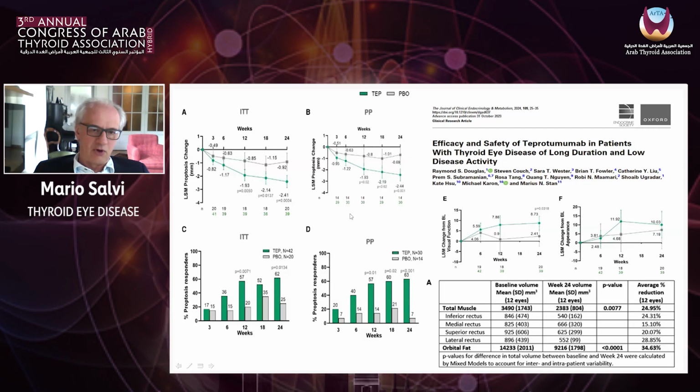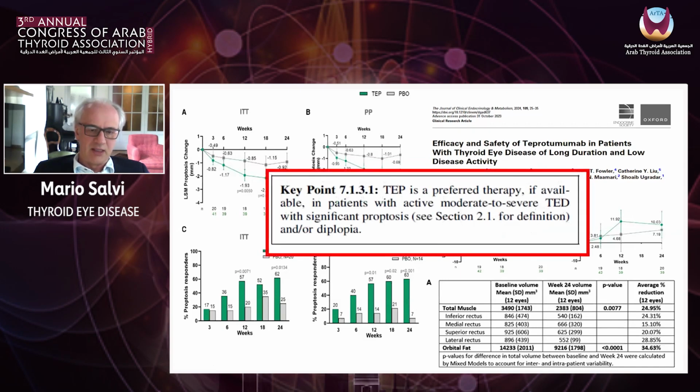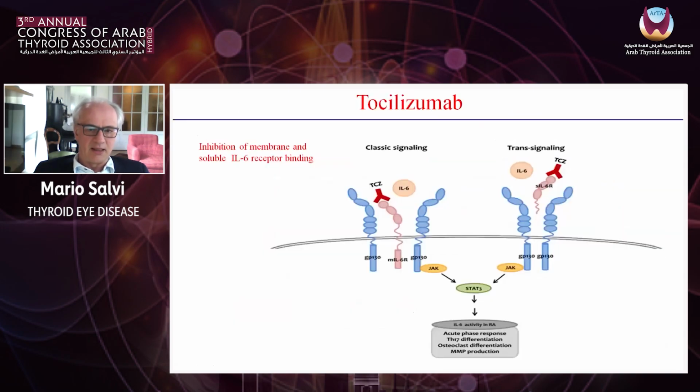And this obviously deserves more data and more study. So the task force proposes that teprotumumab is the preferred treatment in patients with active moderate severe disease who have significant proptosis, and as well diplopia, although we will go back to the point of diplopia later on.